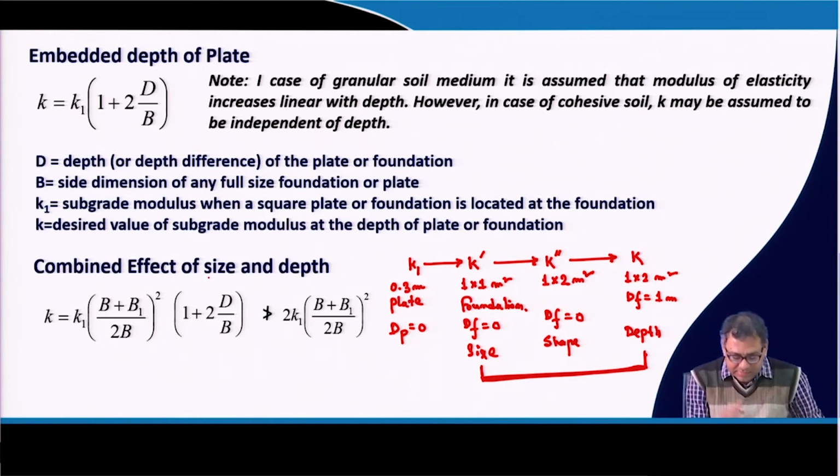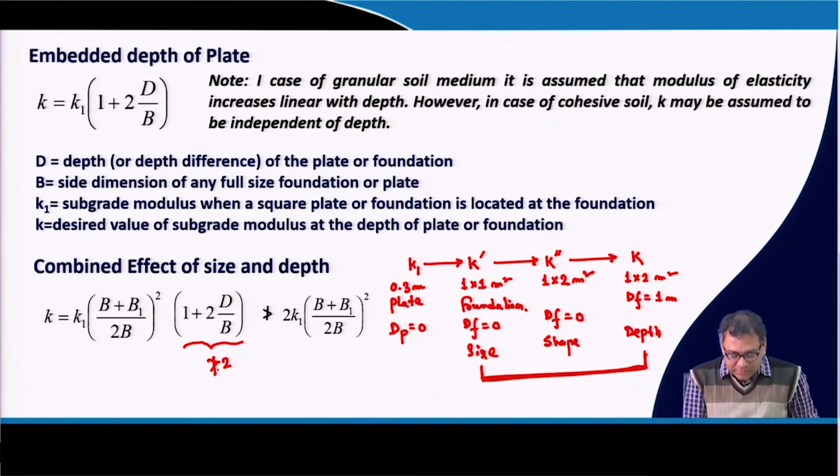That means, for the size correction and the depth correction, this part should not be more than 2 times of K1, (B plus B1) divided by 2B whole square. That means if you are applying these two corrections combinedly, this part should not be greater than 2.